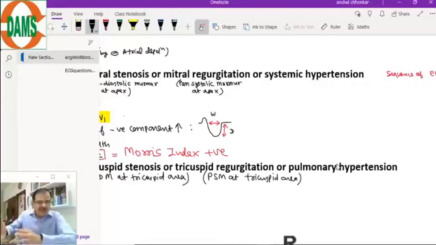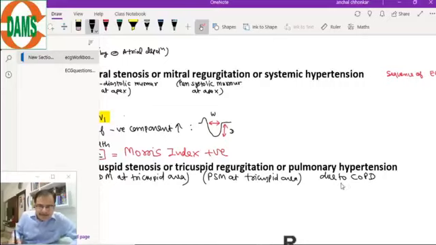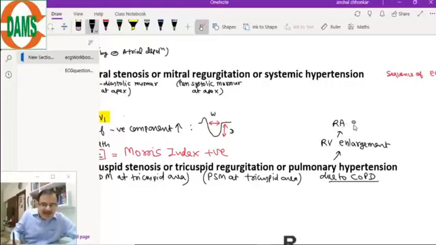So all these three histories will lead to right atrial enlargement, and one cause of pulmonary hypertension is COPD. Because of that pulmonary hypertension there is right ventricle enlargement first, and that will cause right atrial enlargement.